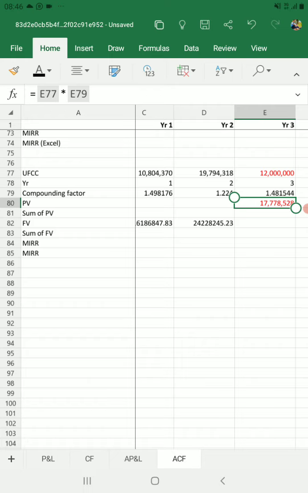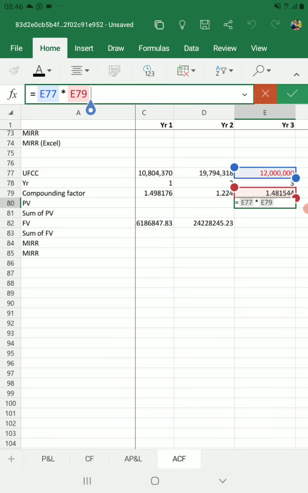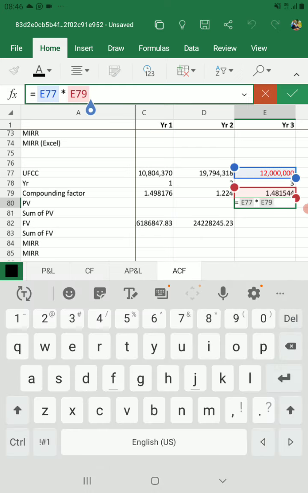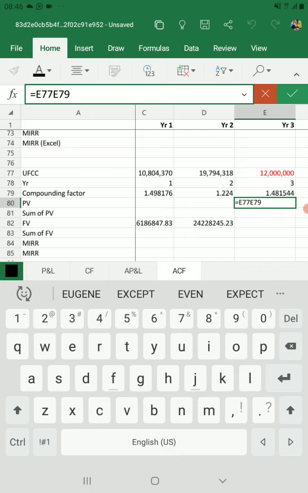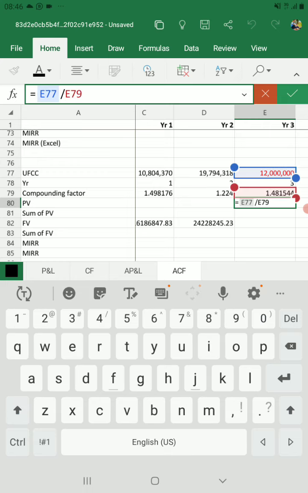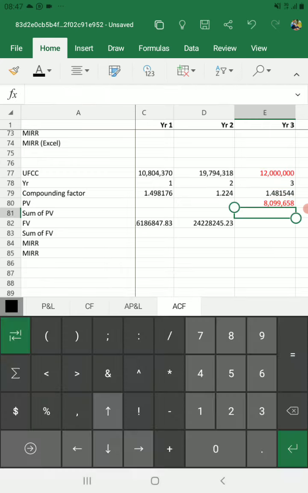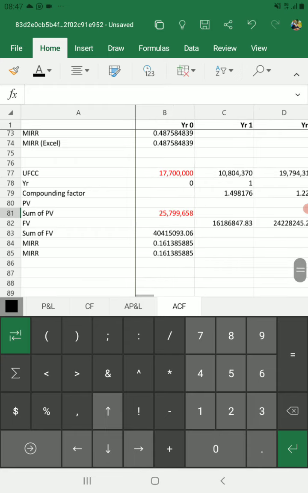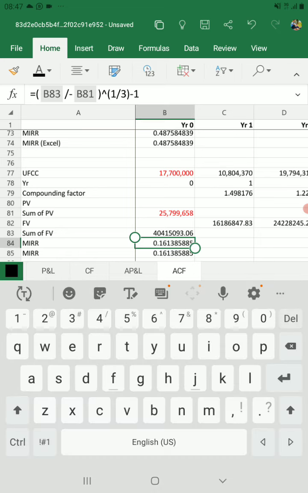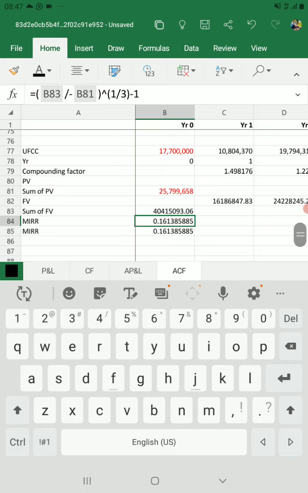So instead of multiplying by this compounding factor, because we are now discounting, we need to divide to bring it to the present value. So I'm going to adjust the formula here by replacing multiplication with the division sign. Press enter.